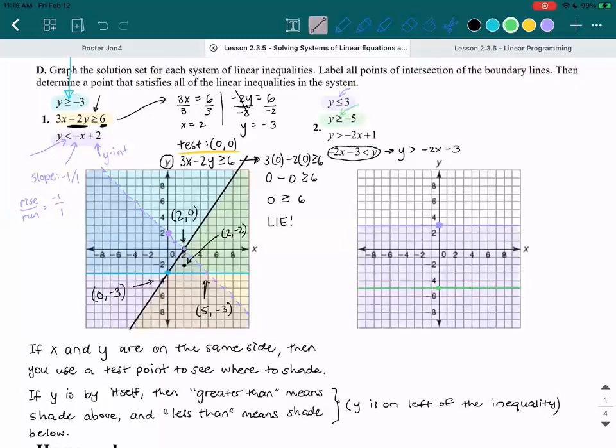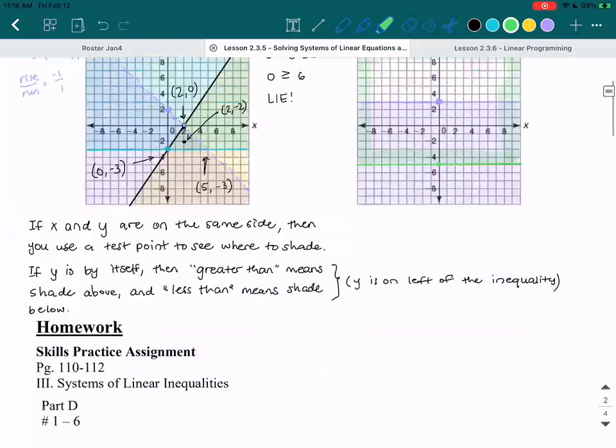There we go. And then it says y is greater than. So because it's greater, that means you shade above. So greater means shade above. So I'm going to shade above. Oops, my bad. There we go.